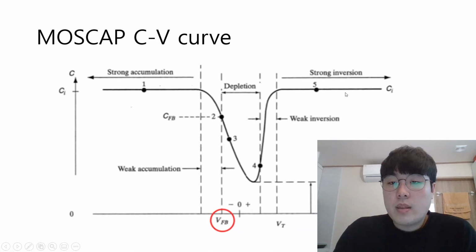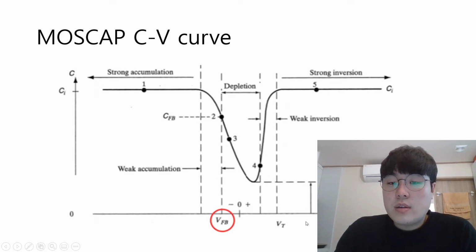Because when you apply high frequencies, the electrons at the interface do not react at high frequencies, so the minus channel does not react, so the capacitor values are maintained like the previous state.